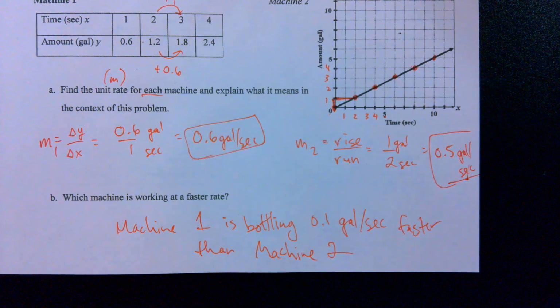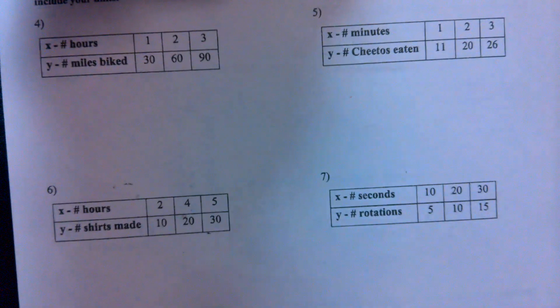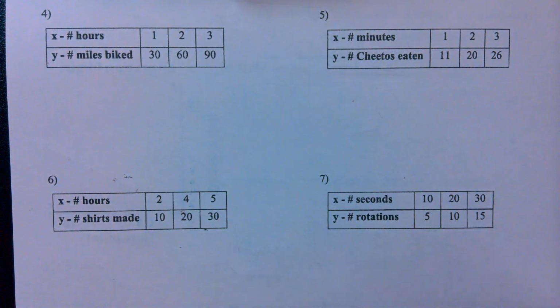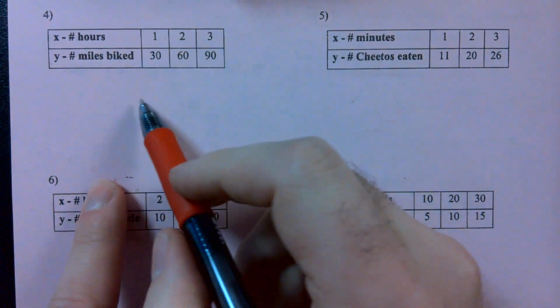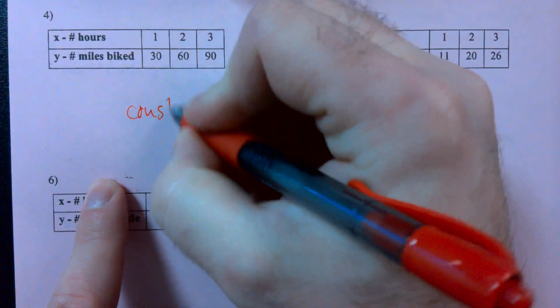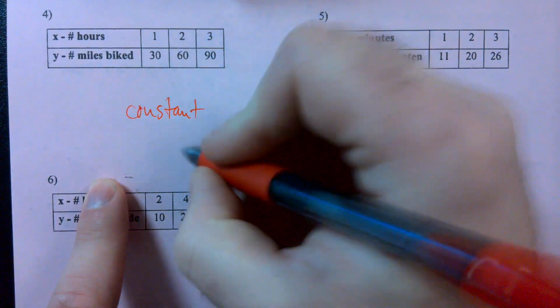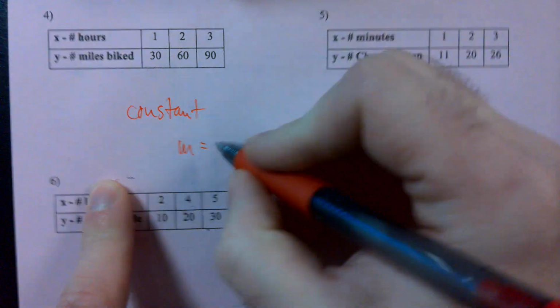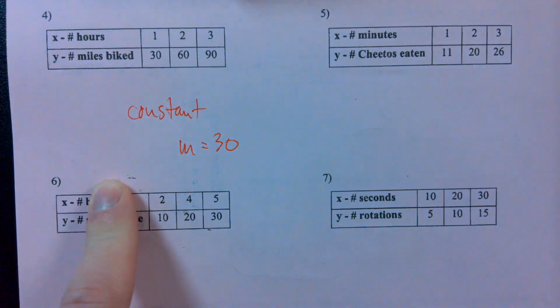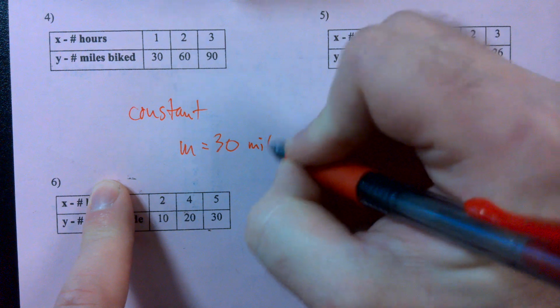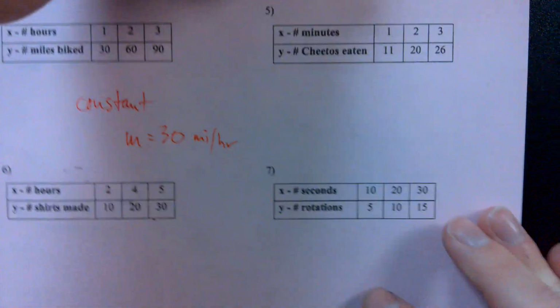On the back, just very quickly, because you guys said you seemed good on that. Is number 4 variable or constant? Constant. What's my M here going to be? 30 miles per hour. Good.